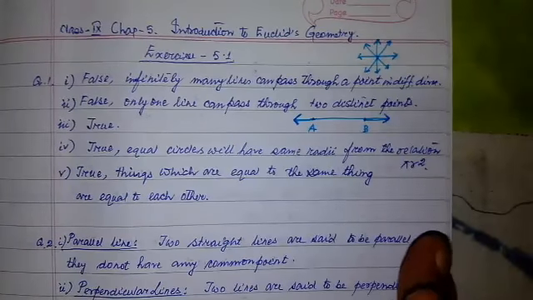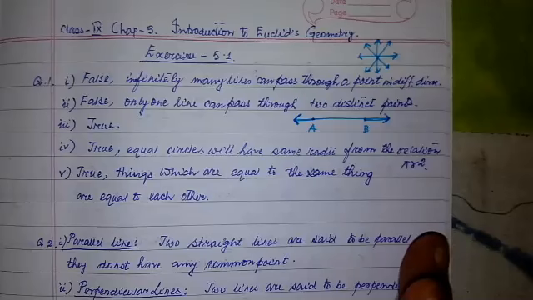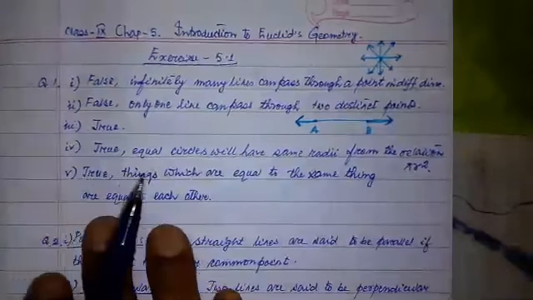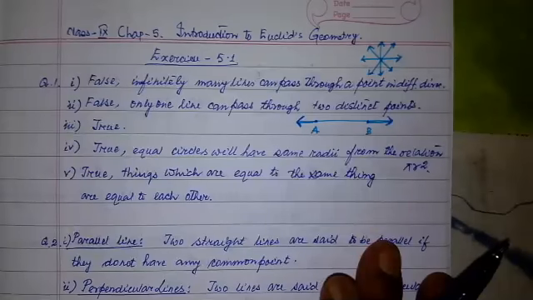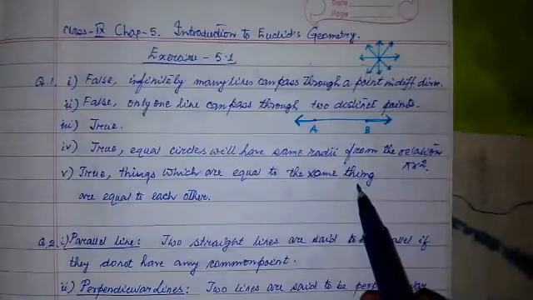Now the fourth statement. If two circles are equal, then their radii are equal. This statement is also true. If two circles are equal, the circles will have the same radii.